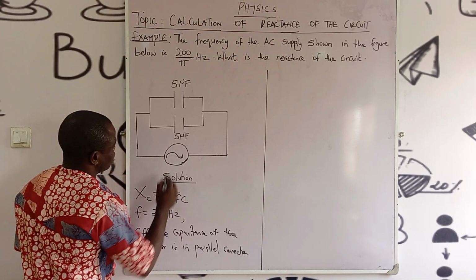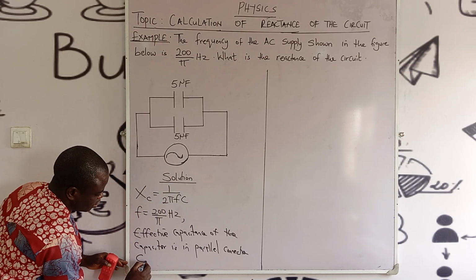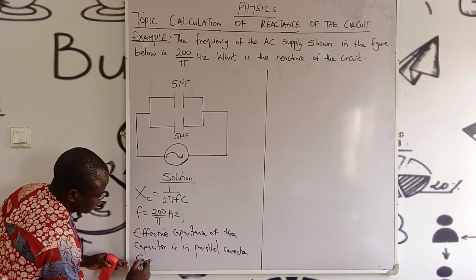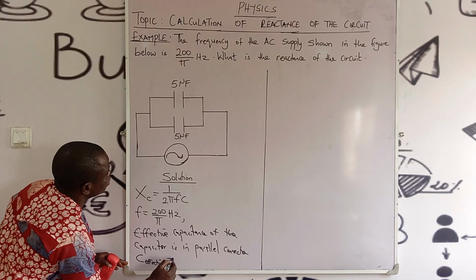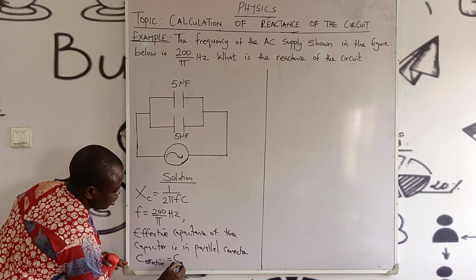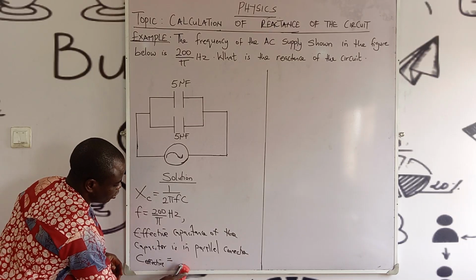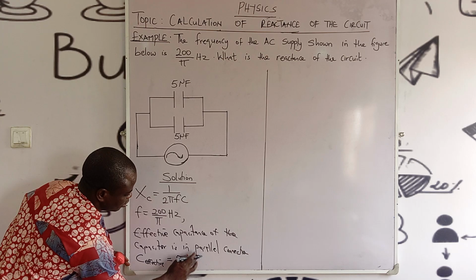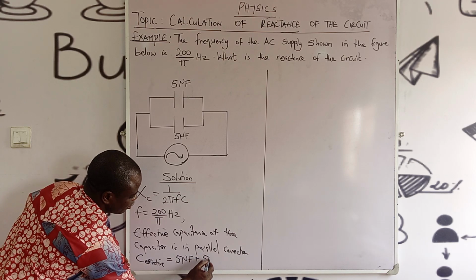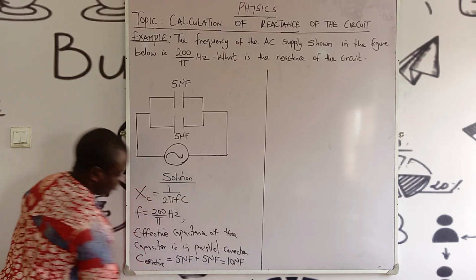Due to that, you now have C effective equals 5 microfarad plus another 5 microfarad, which is 10 microfarad.